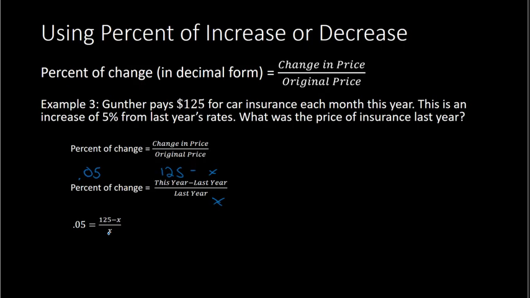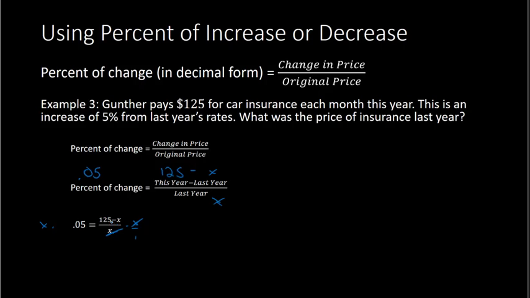So from here I can solve this. I need to get rid of the X in the bottom, and I can do that by multiplying both sides by X. And I do that because here is division, and the opposite of division is multiplication. And when I multiply by X on the right side, the X's will cancel.